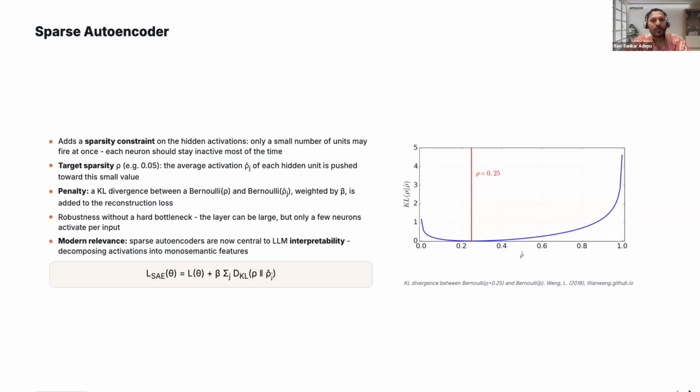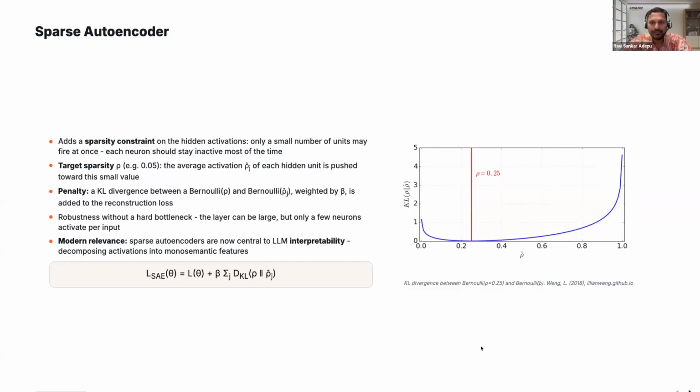So you get robustness without a hard bottleneck. If you plot the KL loss between rho and rho hat across many values of rho hat, you can see that if you're trying to minimize the loss at rho equal to 0.25, you end up having the lowest KL divergence between a Bernoulli with 0.25.